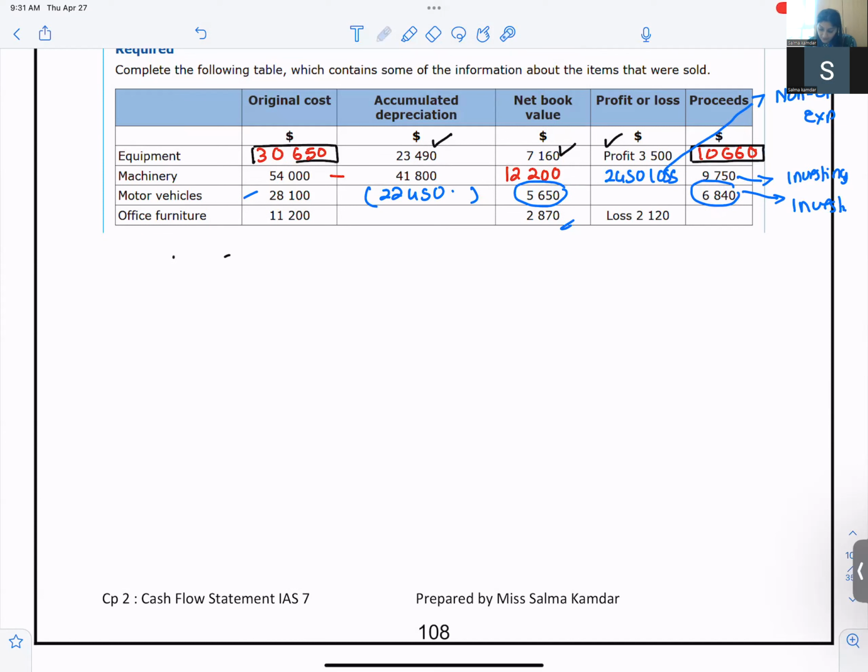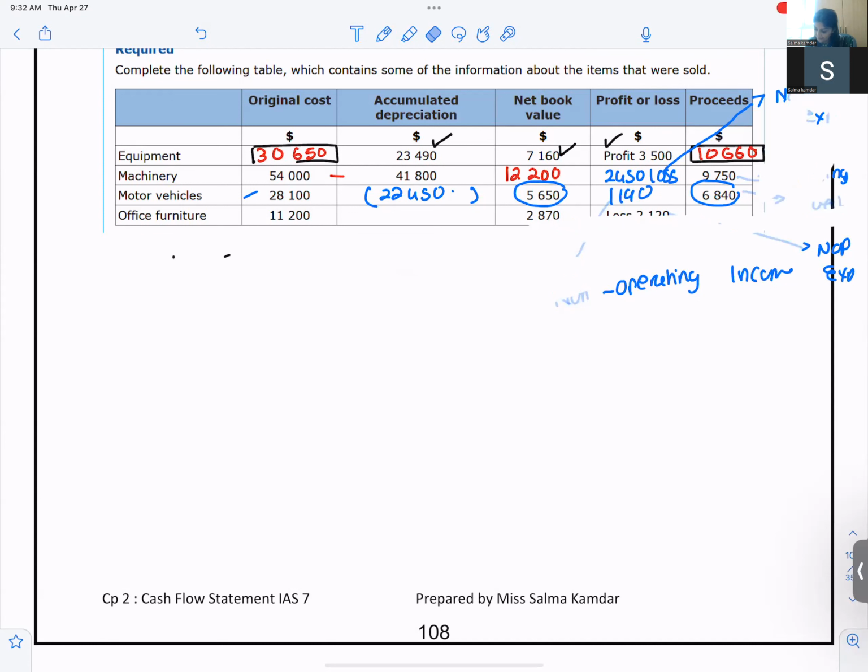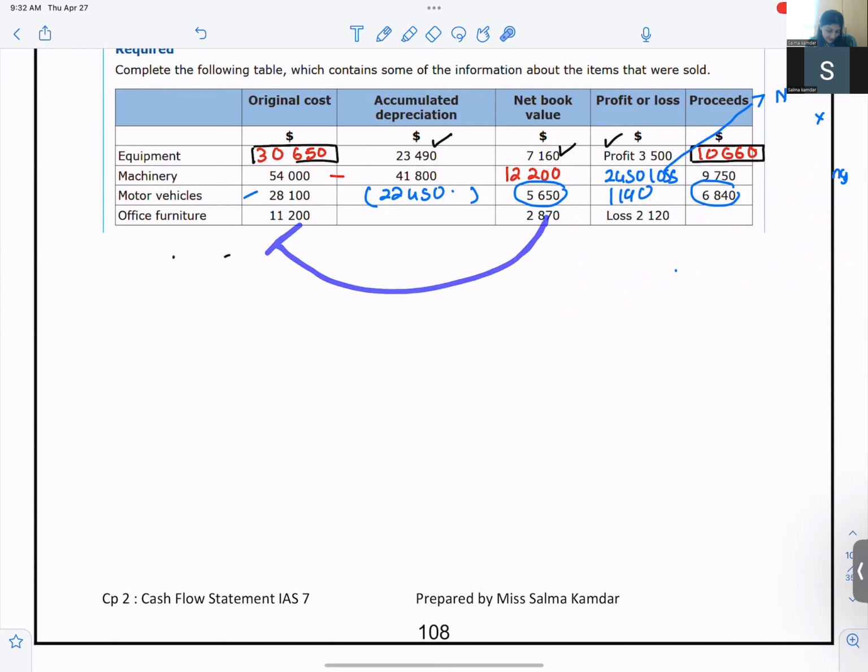I have made a profit on sale of asset of 1190. This is non-operating income. Loss on sale of asset is non-operating expense. Now let's do the other part. Can you find out the accumulated depreciation for me? 11,200 minus 2870.